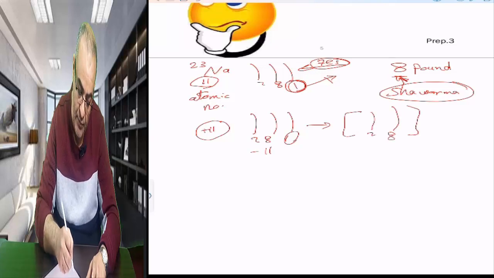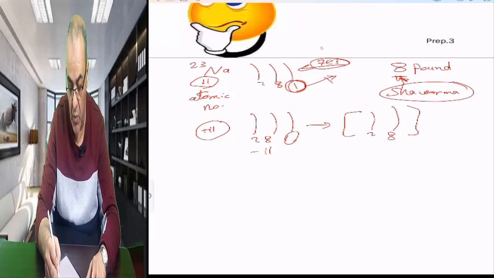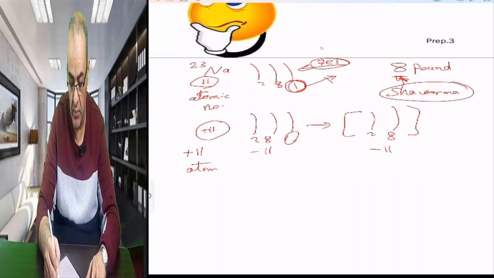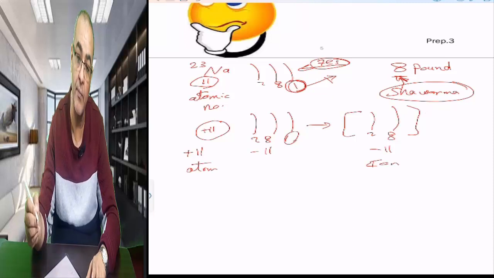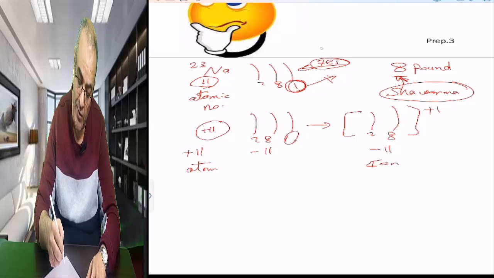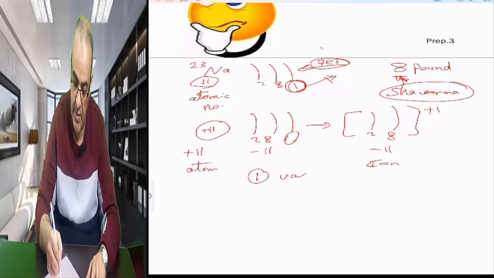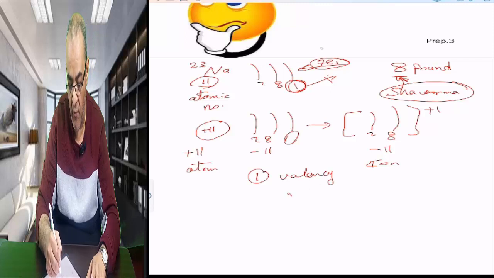So the number of protons is more than the number of electrons. So the atom has to become an ion, but a positive ion. So this atom lost 1 electron. So its valency is monovalent.